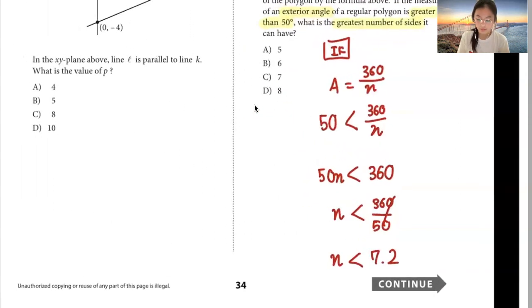So from that, we know that it's not 8 because it's bigger than 7.2. So the second biggest one in these options is 7. So 7 is going to be the answer. It can't be 6 because there's a greater number of sides above that satisfies this inequality.